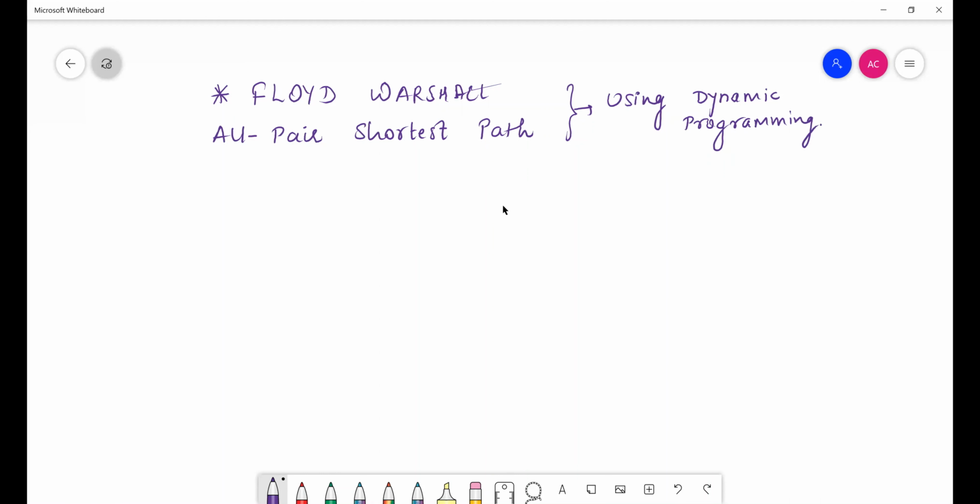Now, what dynamic programming states is, dynamic programming is a design strategy in which the intermediate results of the calculations or the operations are stored explicitly and then used for the further calculation.